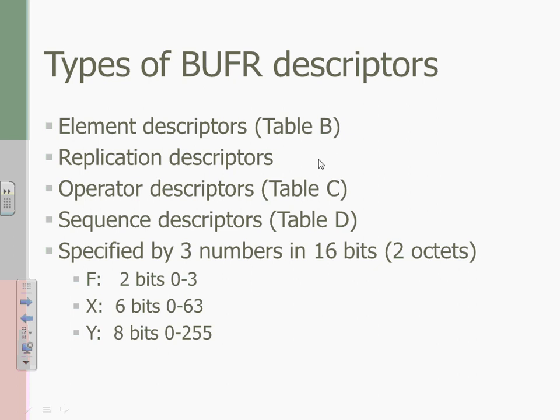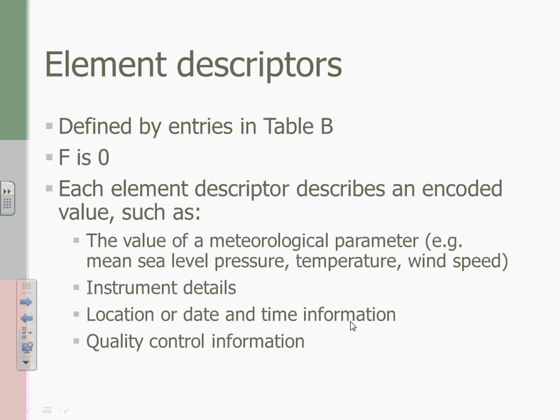So the buffer descriptors are specified by 3 numbers in 16 bits, which is 2 octets. It's represented by F, X, Y, and F is 2 bits, X is 6 bits, and Y is 8 bits. So you'll see the example later. The first one is element descriptors.